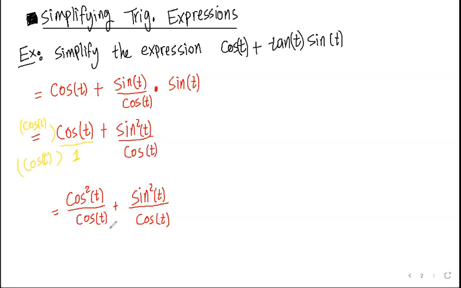Now the denominators are equal, so I can make it a common denominator, cosine of t. Now cosine square of t plus sine square of t, what is that equal to?